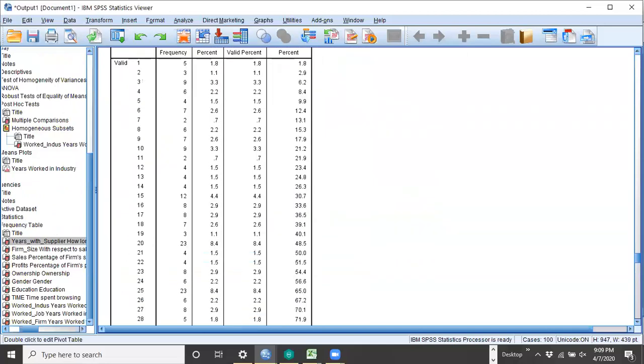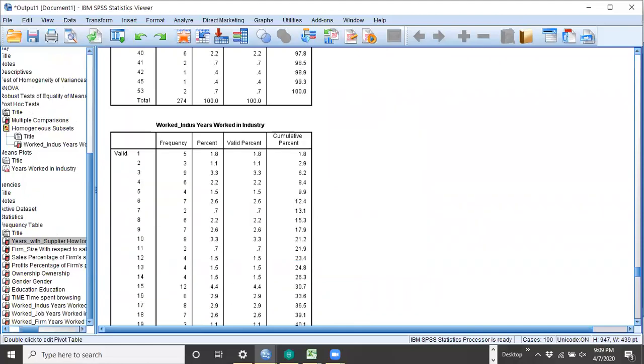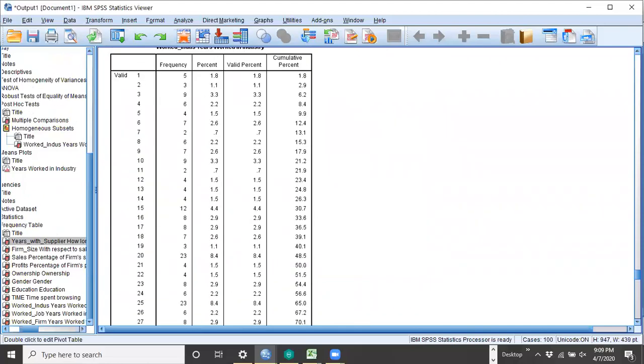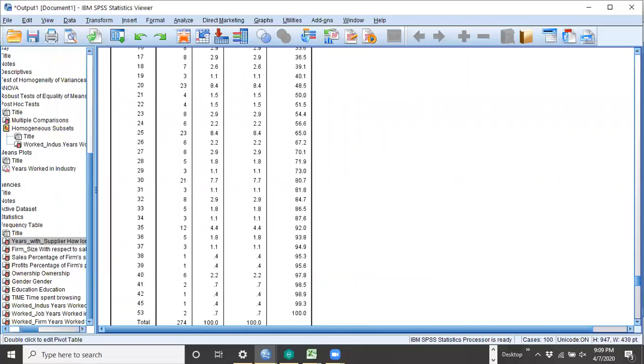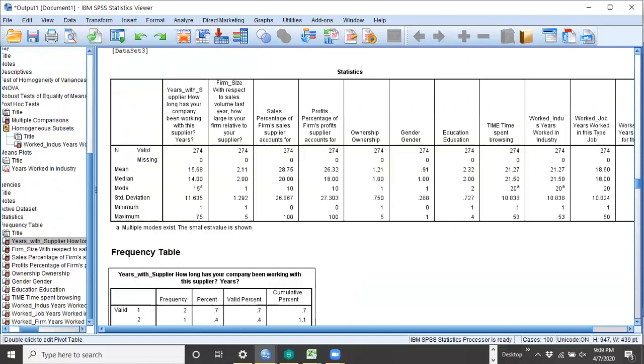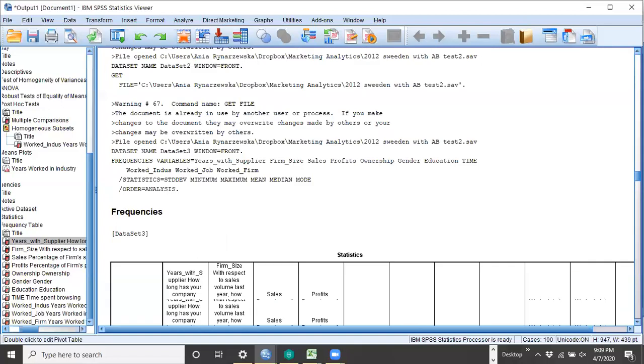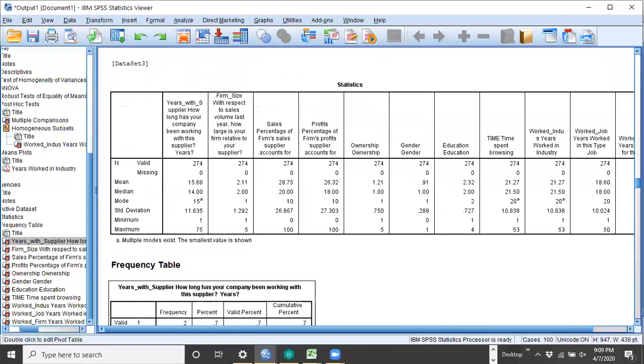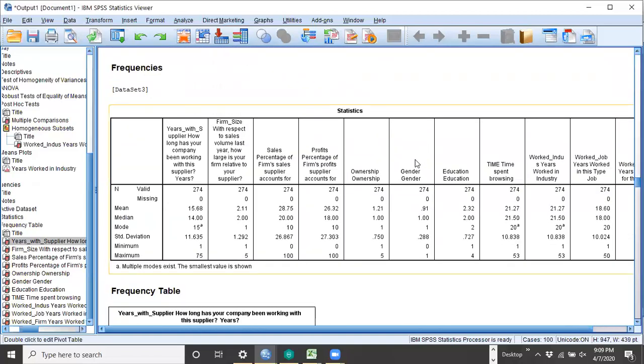Time spent browsing. Worked industry, years worked in industry, that's this variable. And it is ratio level measurement as well. No ranges, no trickery here. So let's run a t-test. Let's run a t-test for gender and years worked in industry.